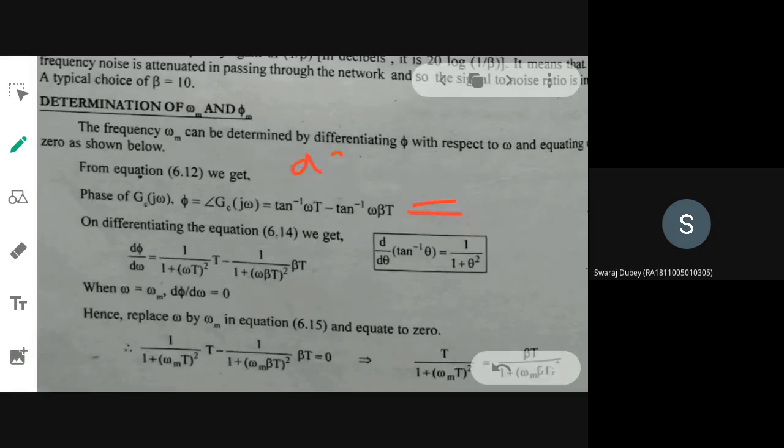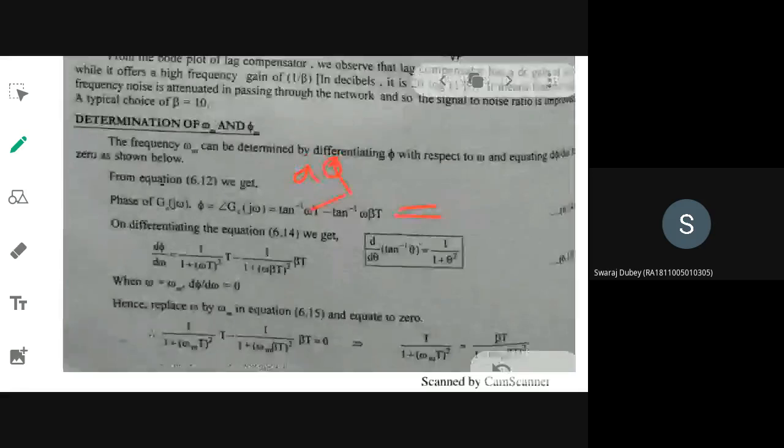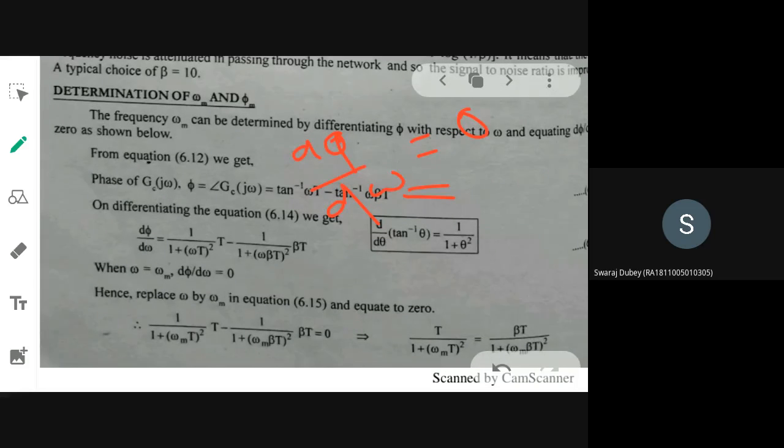The usual procedure for determining maximum phase value is you derive it with respect to omega and equate it to 0. For the derivation we use this boxed formula: d by d theta of tan inverse of theta is equal to 1 divided by 1 plus theta square.